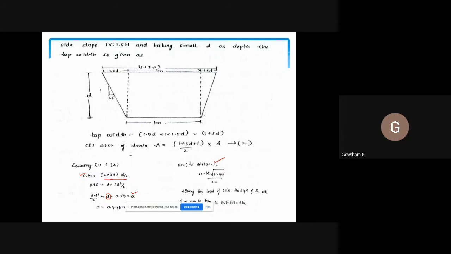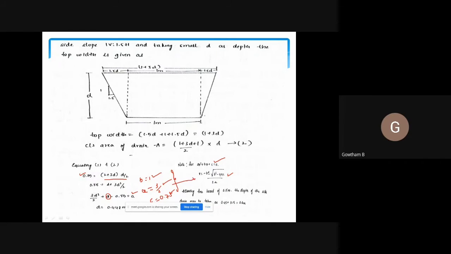The quadratic form is ax square plus bx plus c is equal to 0. You can see the same expression: 3 by 2 D square plus D minus 0.75 is equal to 0. In this expression, you can take b is equal to 1, a is equal to 3 by 2, and c is equal to minus 0.75.